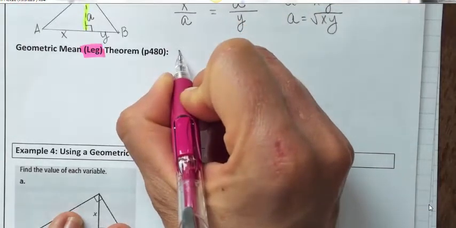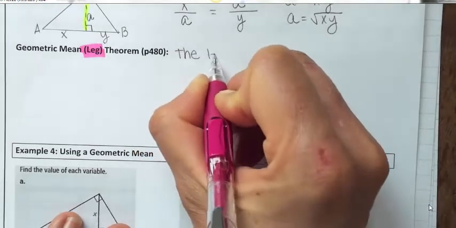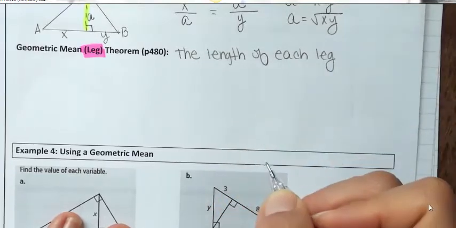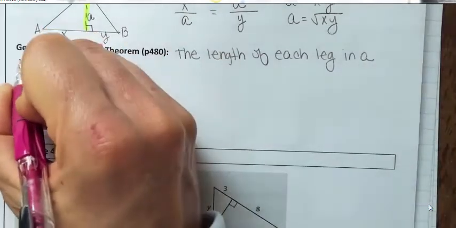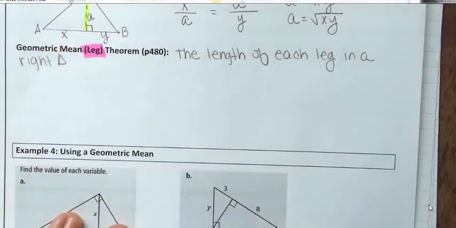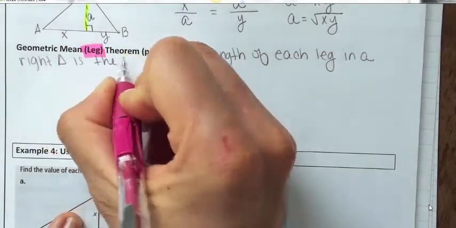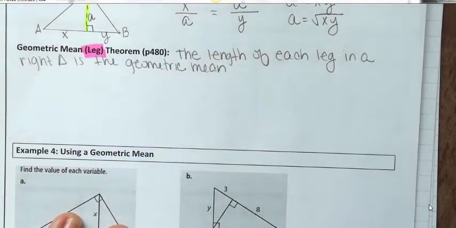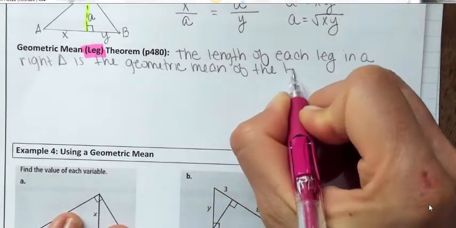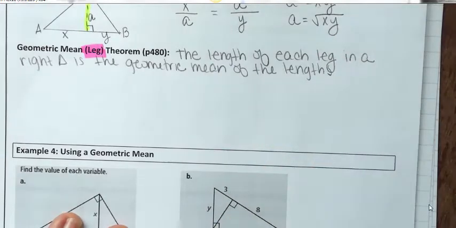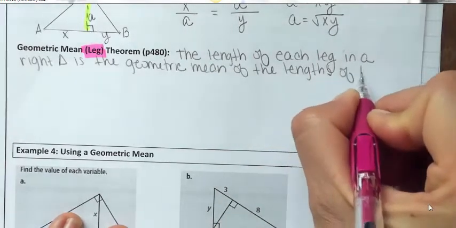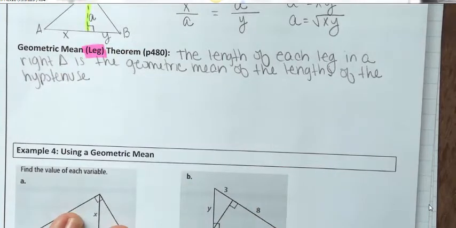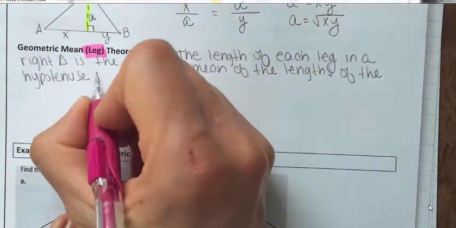So you're going to do: the length of each leg in a right triangle is the geometric mean of the lengths of the hypotenuse and the segment of the hypotenuse adjacent to the leg.